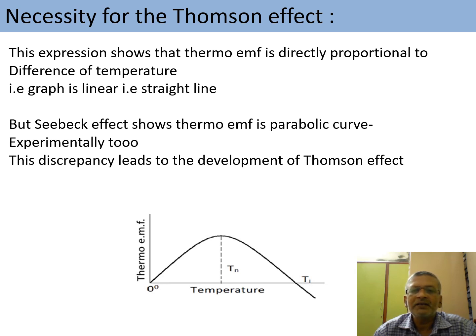So a straight line according to Peltier and a parabola according to Seebeck, a discrepancy arises. This discrepancy was resolved by the famous scientist Thomson, and the effect named after him is called the Thomson effect. This is the necessity for the Thomson effect.